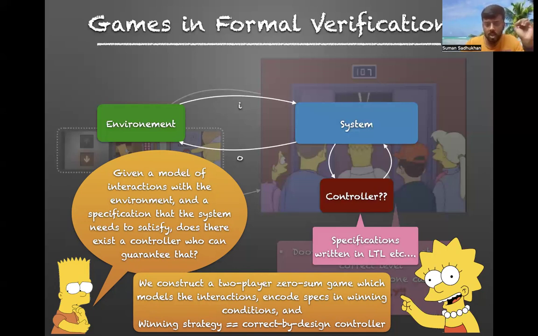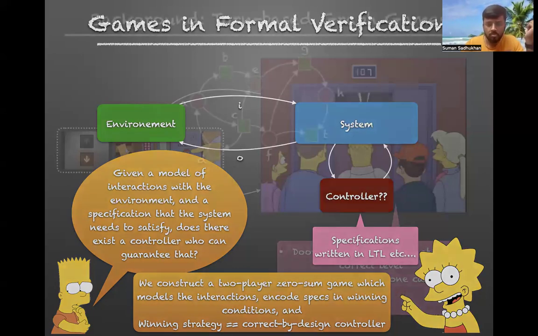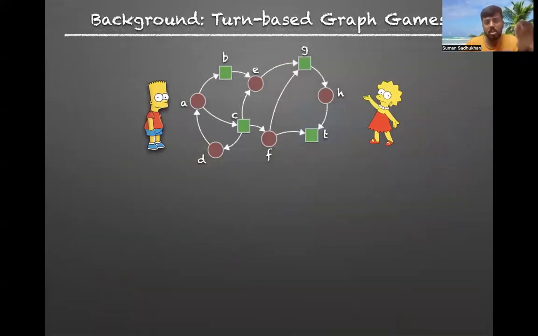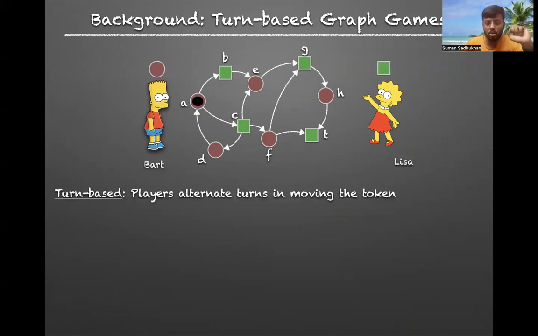Now, this is where two-player zero-sum games come into the formal verification community, and we take it from there. So, for example, say this is a model of such an interaction, and the two players for today's talk are, say, Bart and Lisa, and they have the ownership of some vertices in the interaction.